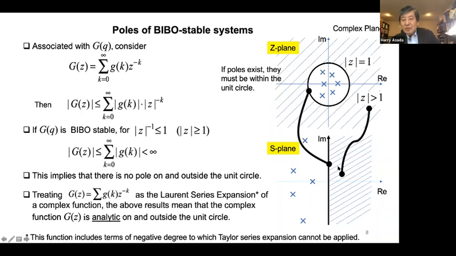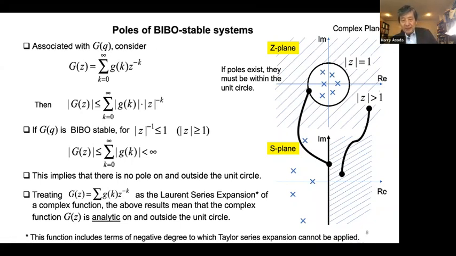So this is the s-plane, the complex plane, and the continuous time transfer function in the frequency domain, G(s). The stability of the system is basically examined by looking at all the poles. If all the poles exist on the left-hand side and no poles on the right-hand side, the system is basically stable, right?